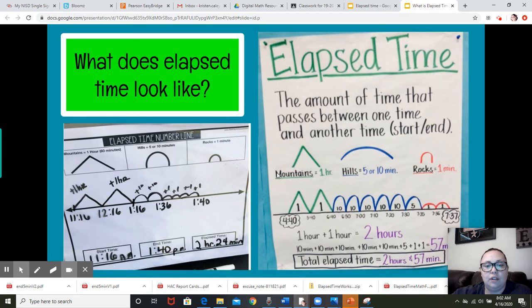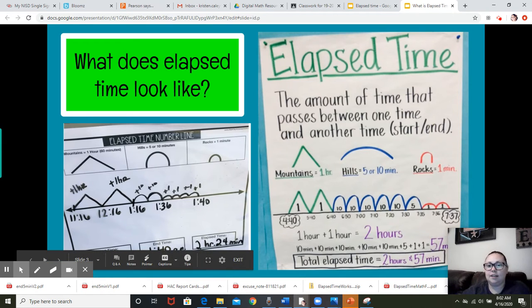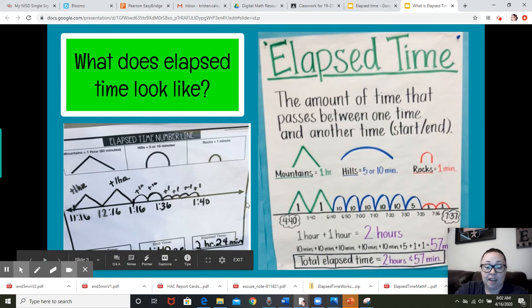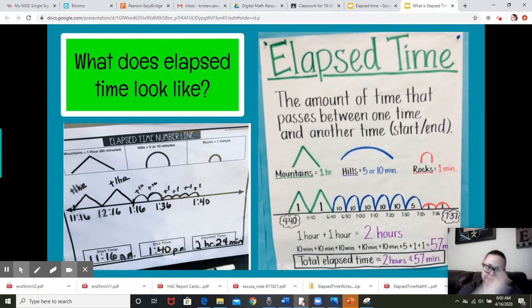Okay. So looking here, we're starting to talk about elapsed time. So what does elapsed time look like? And I showed y'all 2 different ways. Okay, right here we have a number line. You can take that clock, and if you were to open it up, it would become a line.